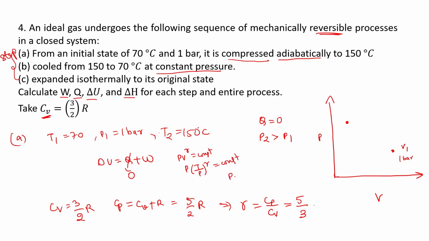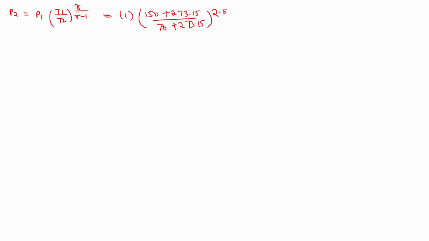So P2 by P1 is equal to (T2 by T1)^(gamma by (gamma minus 1)). So P2 is equal to P1 into (T2 by T1)^(gamma by (gamma minus 1)), which gives 1 bar, with temperatures in Kelvin: (150 plus 273.15) by (70 plus 273.15), to the power gamma by gamma minus 1, which is 2.5. On solving I get 6.89 bar.